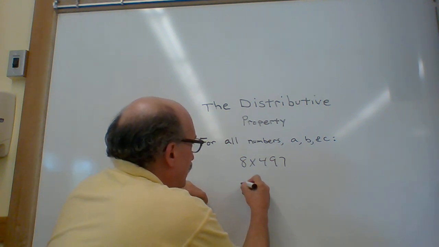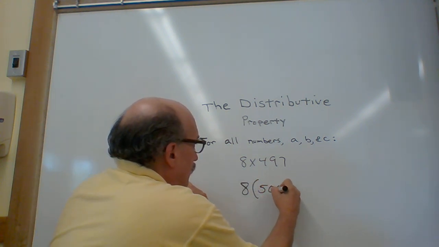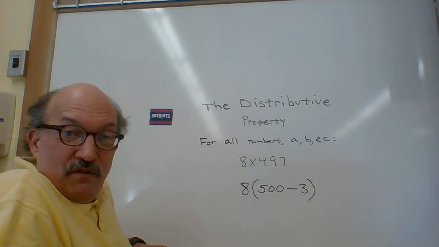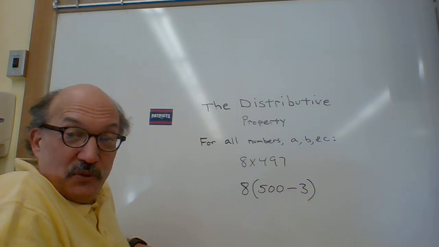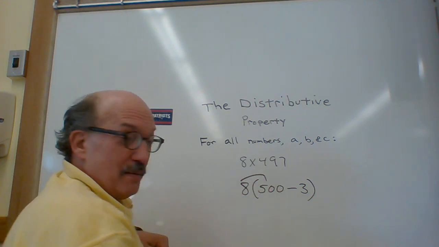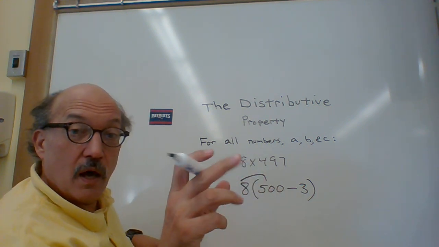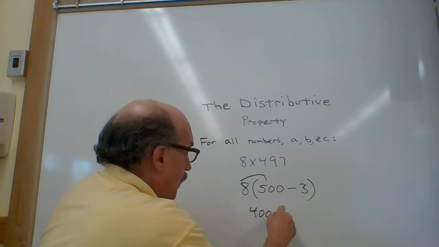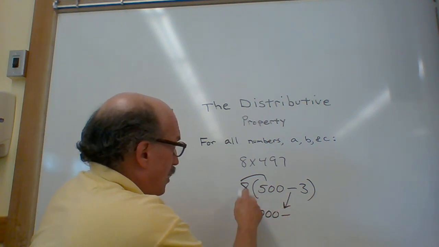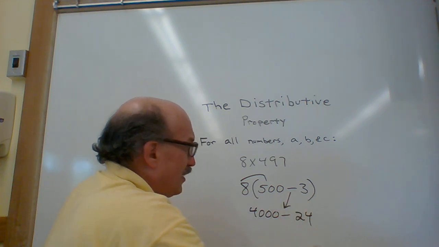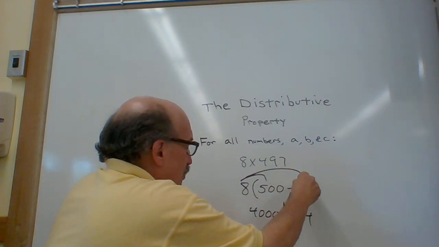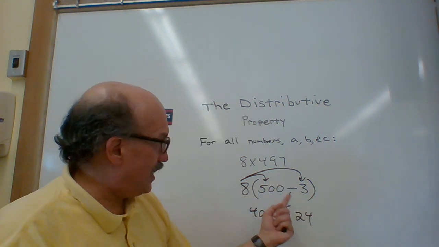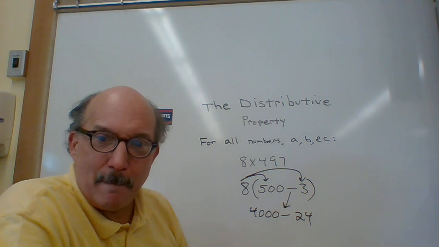So how about if we write it like this? 497 is 500 minus 3. 8 times 500 is a 40 with 2 zeros after it. It's 4,000. The minus sign comes down. 8 times 3 is 24. We distribute the 8 to each of the numbers inside, separated by that same minus sign.